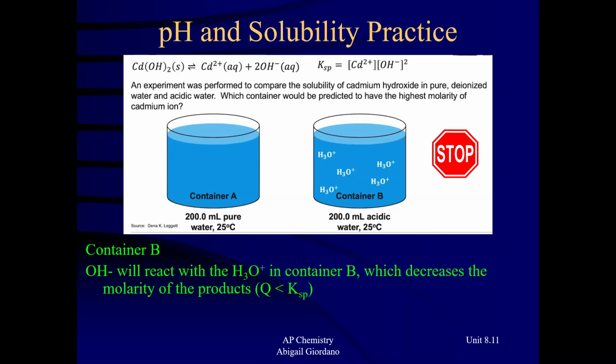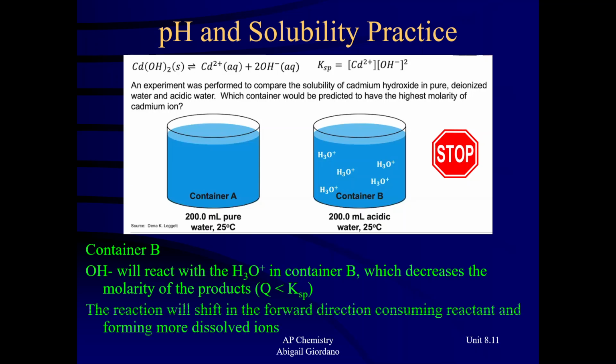And why is that? The hydroxide coming from the cadmium hydroxide is going to react with those hydronium ions in container B. So what? Well, that's going to decrease the molarity of products. That's going to cause Q to be less than KSP, and we know, of course, if Q is less than KSP, the reaction is going to shift in the forward direction, consuming reactants, forming more products.